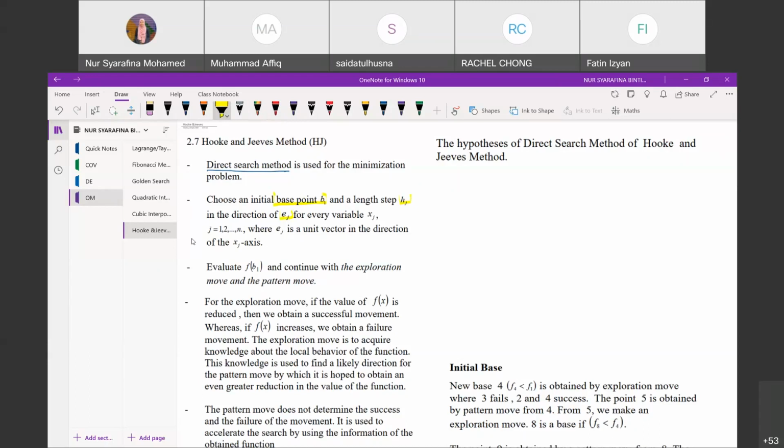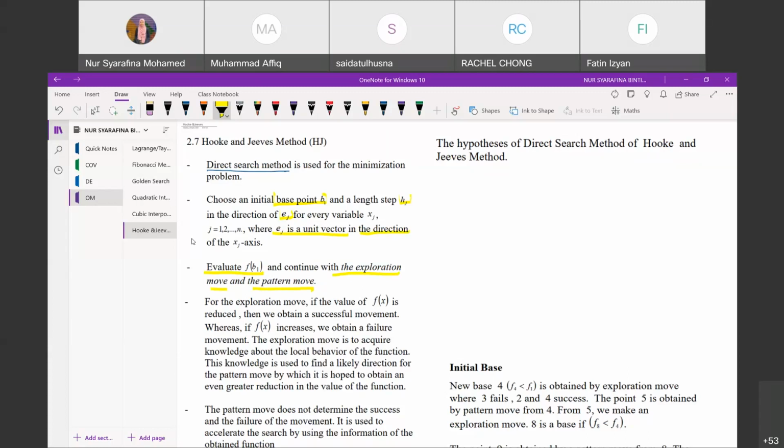EJ is a unit vector, so usually in our calculation we don't write EJ, because whatever is multiplied by a unit vector gives the value back. It is just for the direction of the x-axis. So we evaluate FB and continue with the exploration move and the pattern move.